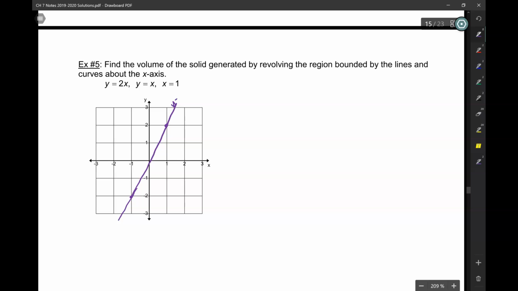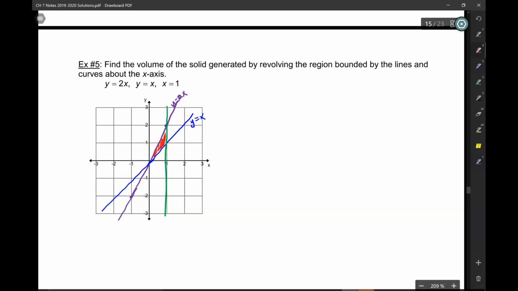So that's y equals 2x. And then I have y equals x, looks like this. And then I have x equals 1. Looks like that. So the area that I want is this one.